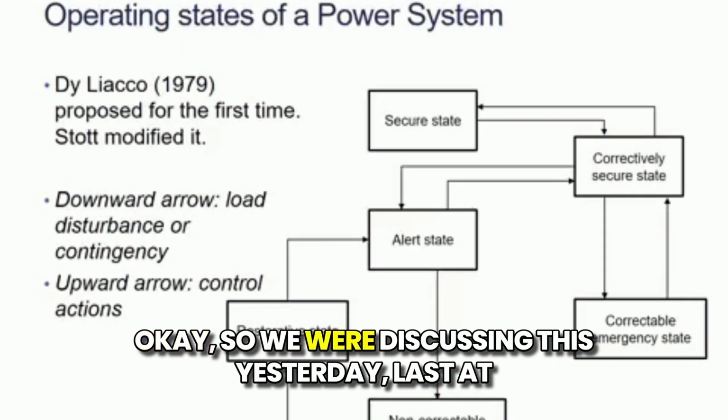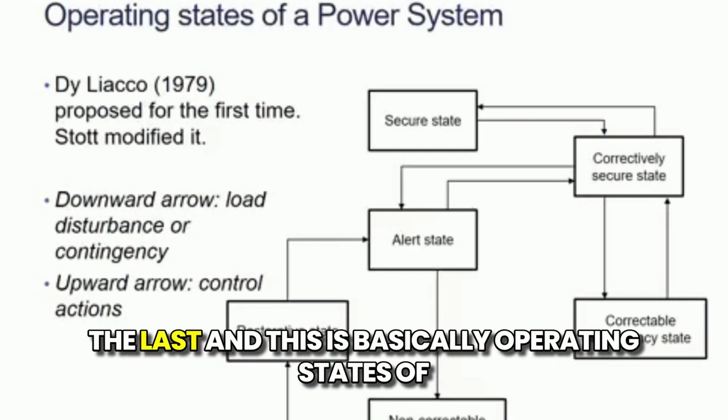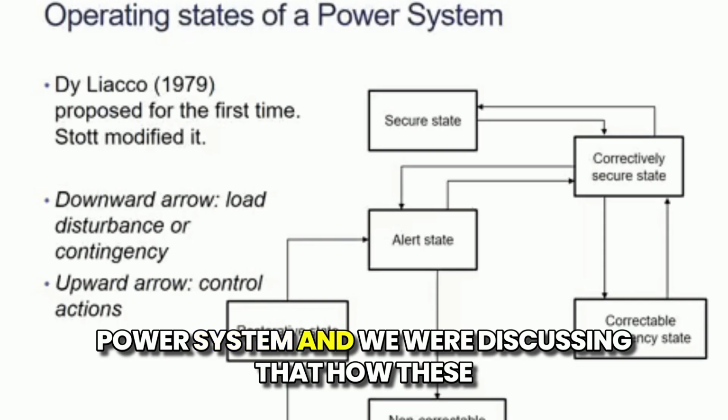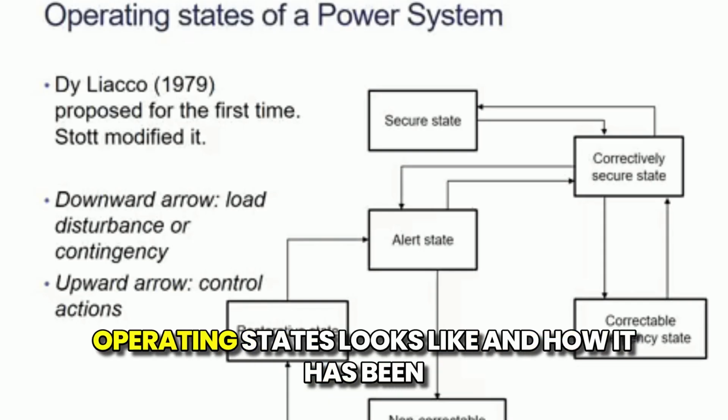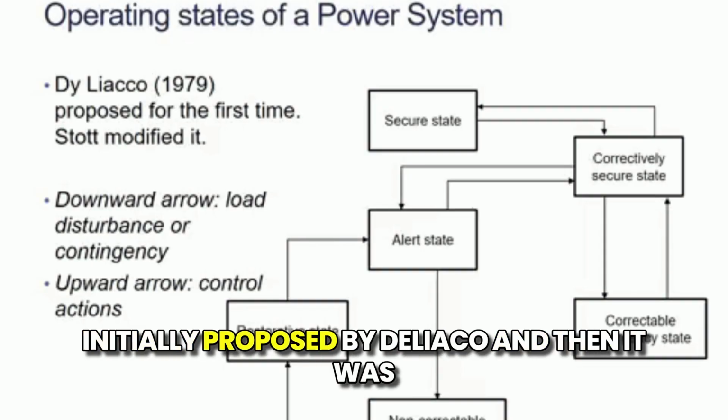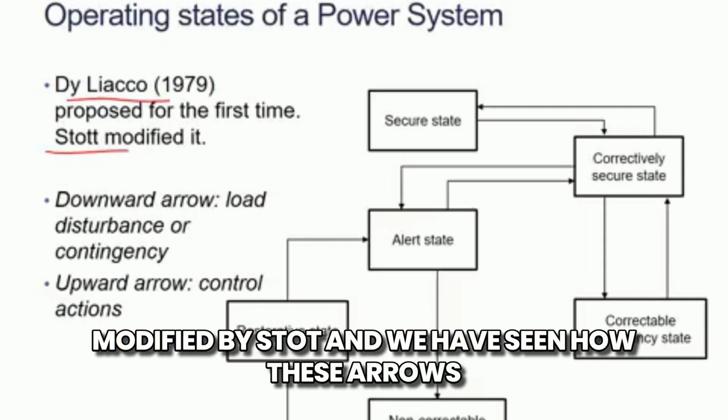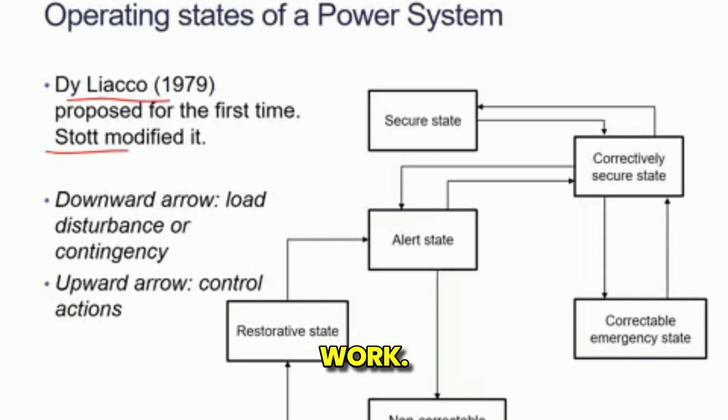Okay, so we were discussing this yesterday at the last, and this is basically the operating states of a power system. We were discussing how these operating states look, and how they were initially proposed by Dy Liacco and then modified by Stott, and we have seen how these arrows work.